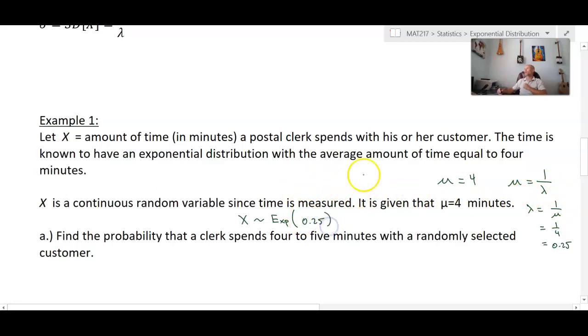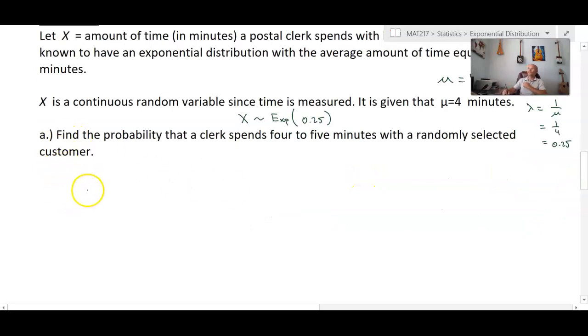That's ultimately what we need to be working with when we're calculating probabilities. And so what we're going to see is something that decays rather rapidly. This is a 25% per minute decay rate. So we're going to see something that really quickly decays, and in fact we'll see that when we compute probabilities.